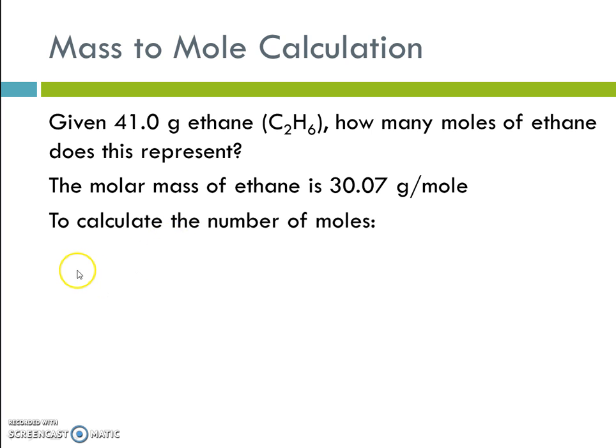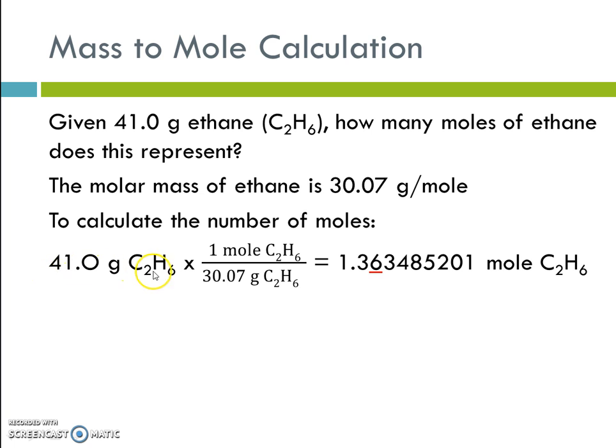So to calculate the number of moles, we always begin calculations with our given, here 41.0 grams of ethane, and then we're going to multiply by our conversion fact, and that is that for every 1 mole of ethane, there are 30.07 grams. We need to cancel our units, so we'll see that grams of ethane divided by grams of ethane goes away.